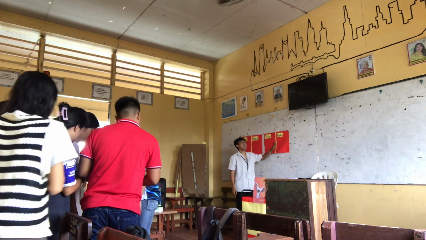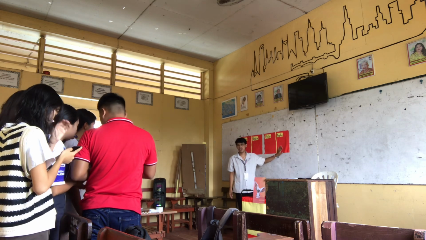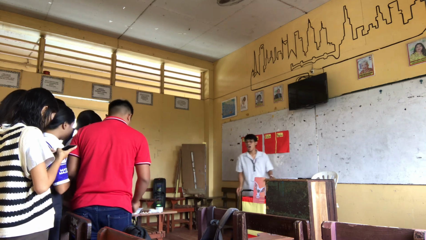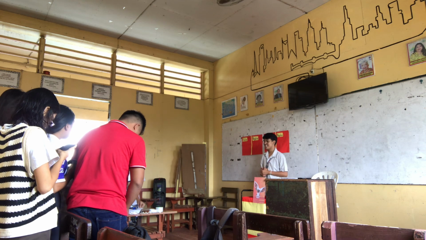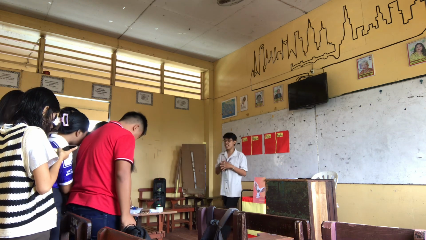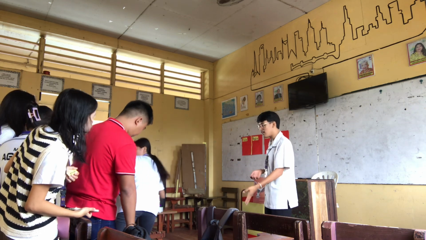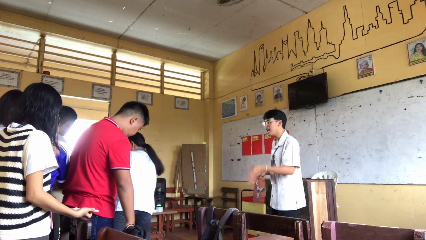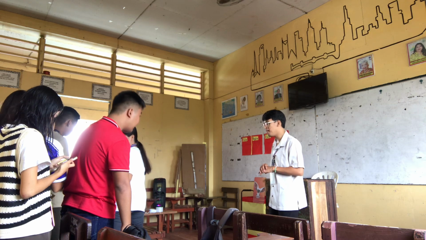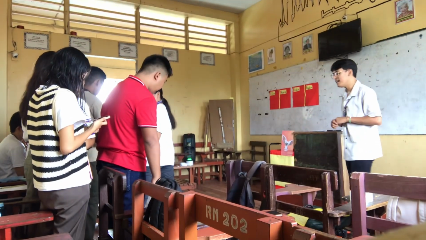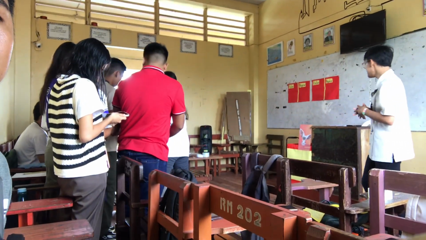And this chart is for group 2. Are you ready? Yes, sir. Each group will pass this hand and foot print checkpoint one by one. Is that clear? Yes, sir. Okay, let's get started.